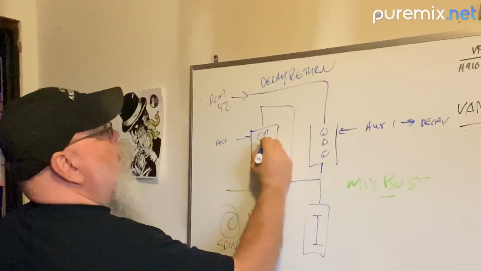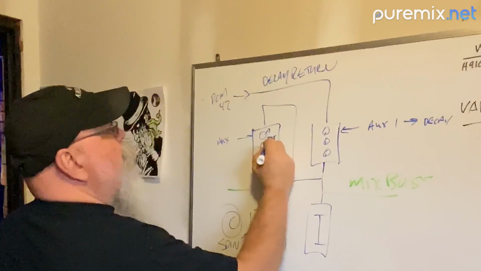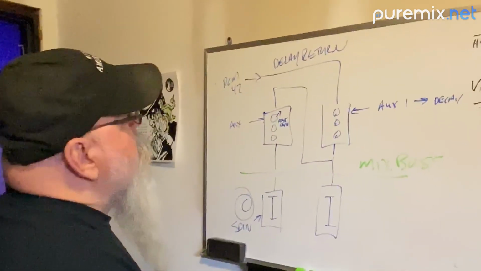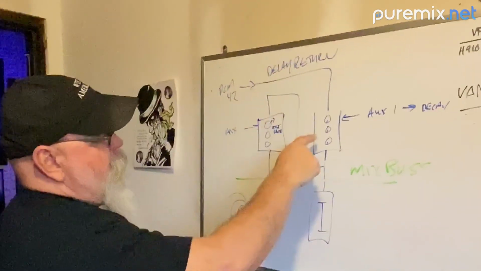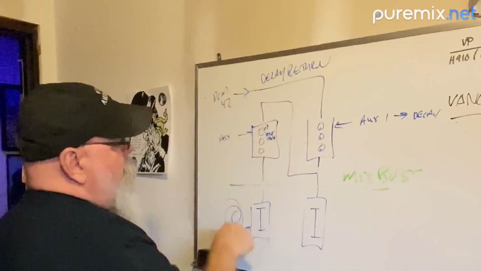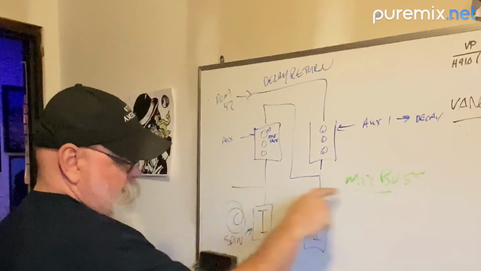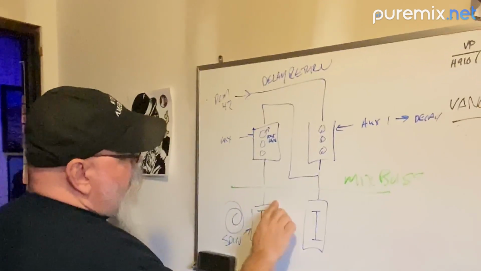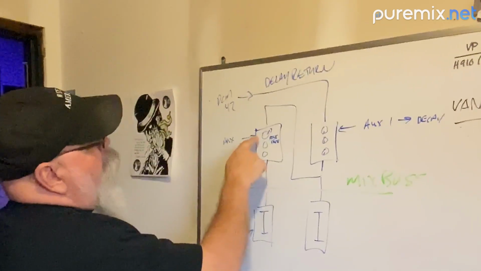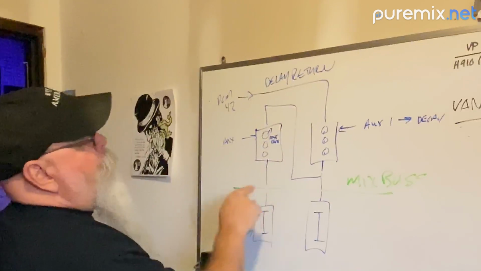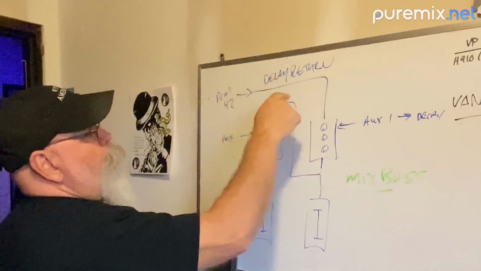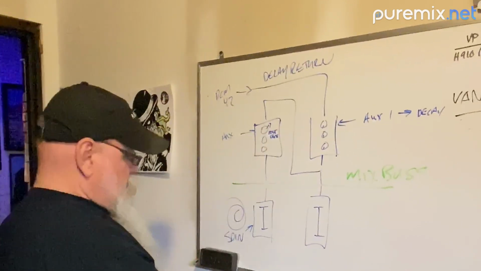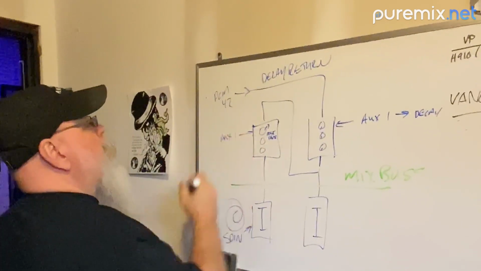And this is going to be post fade. What's cool about this is the echo return is coming in, it's multing over here. This fader does not go to the mix bus at all. All it does is, as you ride this fader up and down, it puts the return back into the PCM42 via this aux. So this is aux 1 also here.